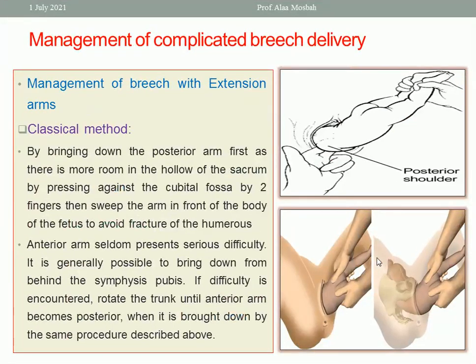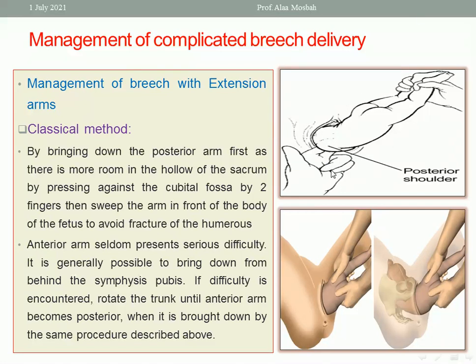How can you manage breech with extended arm? By the classic method, you can easily bring the posterior arm first through the sacral concavity because it is roomy. Try to bring the posterior arm, then try to bring the anterior arm.